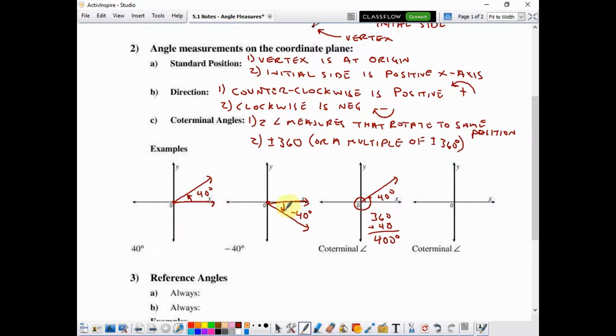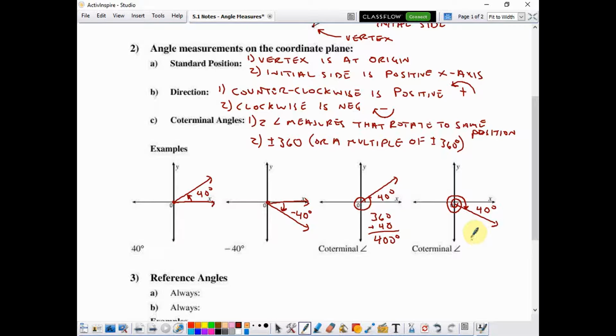Let's consider this negative 40-degree angle. Let's go around clockwise one time. Let's go another time, and then another 40 degrees. So I still have this 40-degree angle right here, but I actually went all the way around twice.